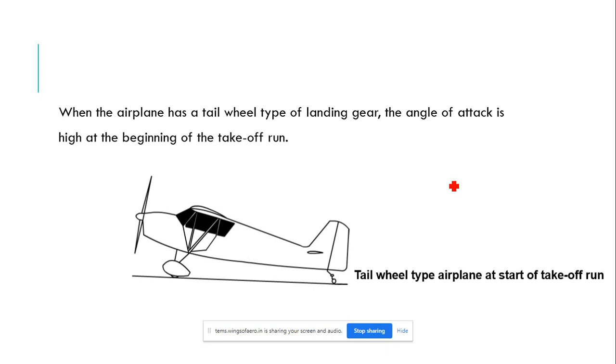But in passenger aircraft, they deflect the flap after it reaches some speed, and when it reaches 85 percent of maximum speed, we can lift off the aircraft from the ground.